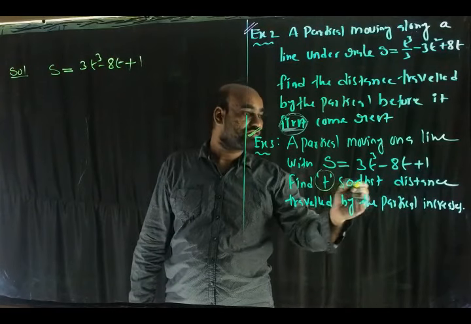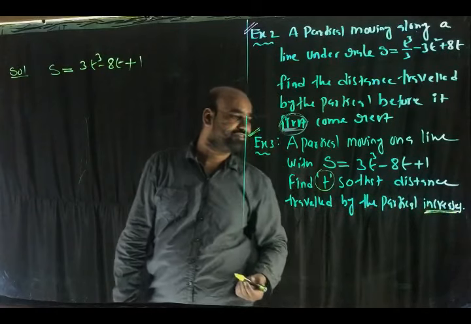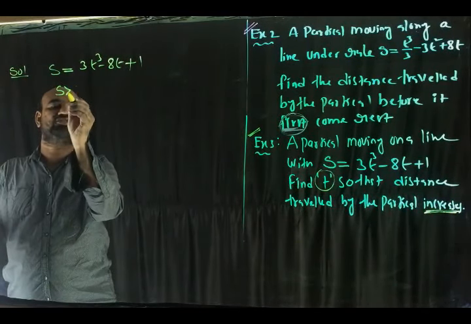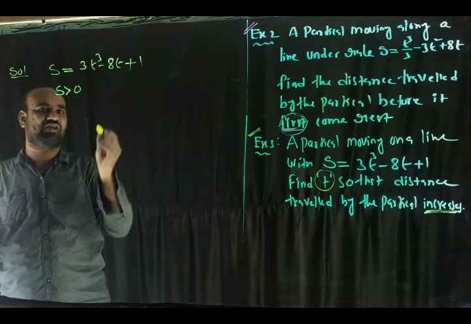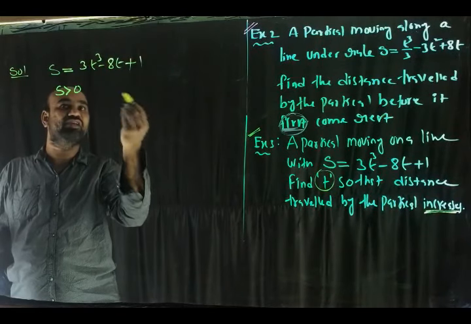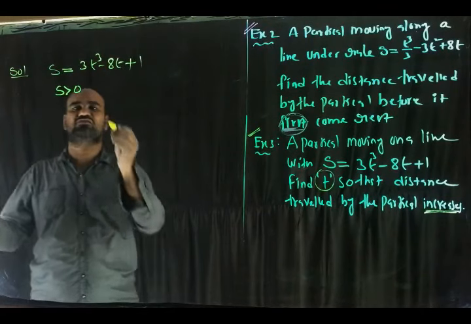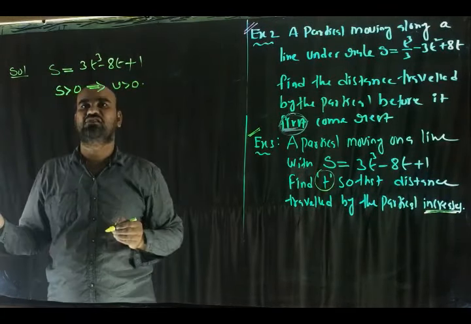Find t so that the distance travelled by the particle increases. S should be increasing, which means V is greater than 0. Already discussed, no? When this happens, V greater than 0. For what values of t is V greater than 0?